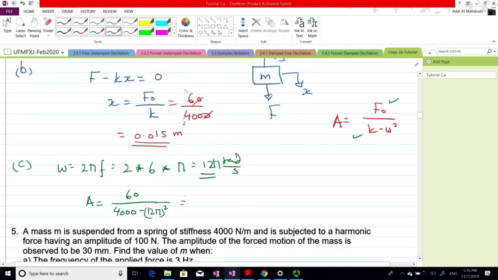Can you calculate that? Practice using your calculator every time I come, and bring your calculator with you, because we have limited time in the exam. The square is there because omega squared is already in here. So we have 12π squared, right? How much will you get?